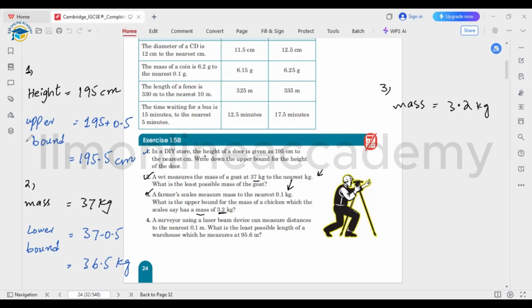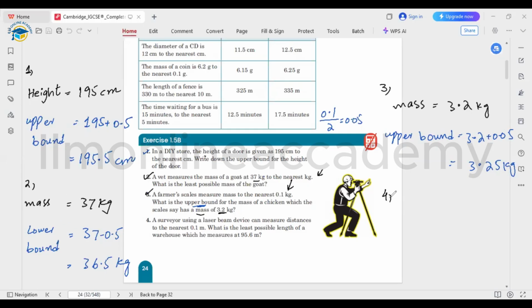The nearest unit that they gave is 0.1, and half of 0.1 is 0.05. This is the unit that we are going to add or subtract. As they're asking for the upper bound, we need to add this unit. So to 3.2, we add 0.05, and the number will be 3.25 kilograms. This is your part number 3.